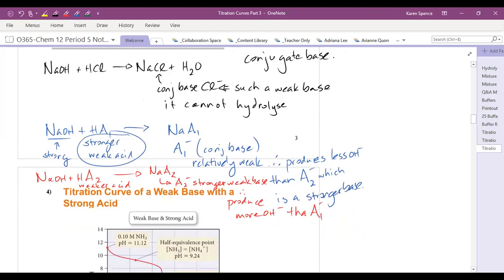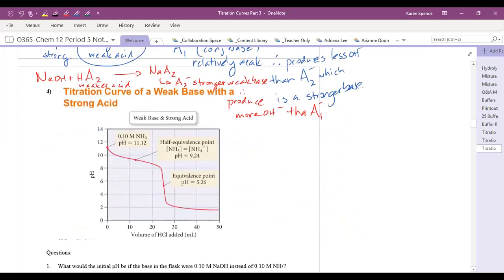Oh, okay. So now we're going to titrate a weak base with a strong acid. So in our flask, we have a weak base, and in our burette, we have our strong acid.